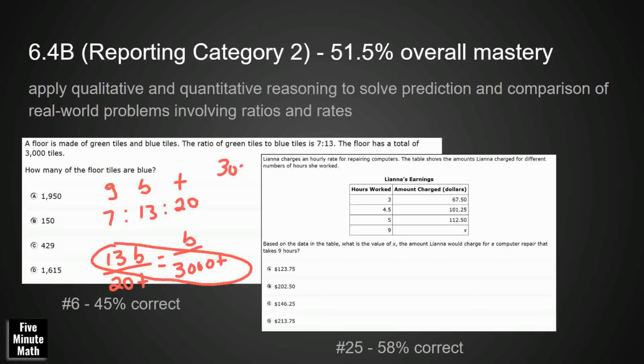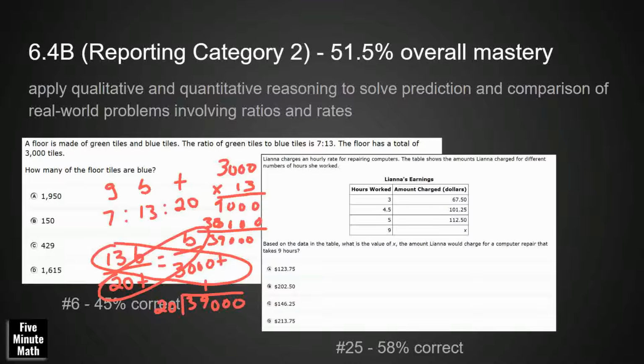So 3,000 times 13, it's going to get 9, and let's get 1, 2, 3, 3. Okay, so that's going to be 39,000. And then I need to divide that by 20. Okay, so I'm going to take my 39,000, divide that by 20, right?